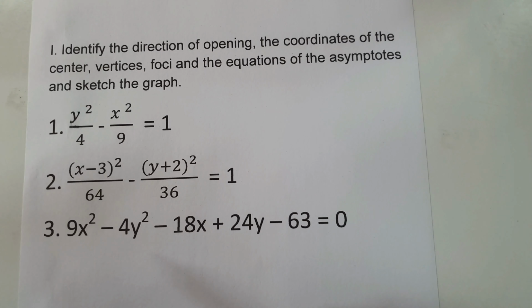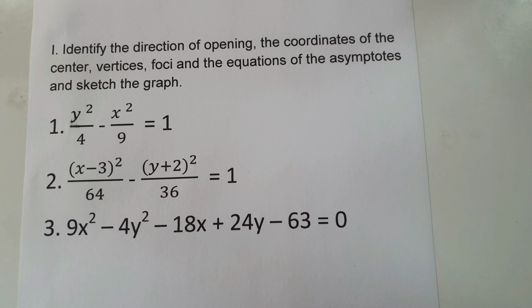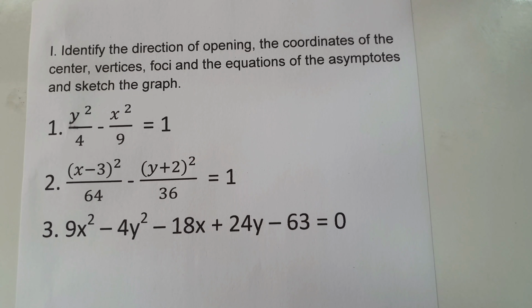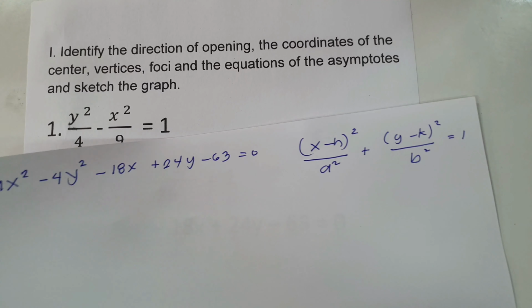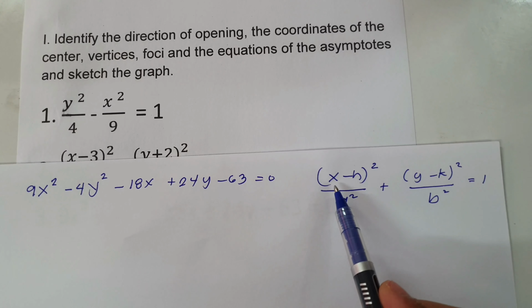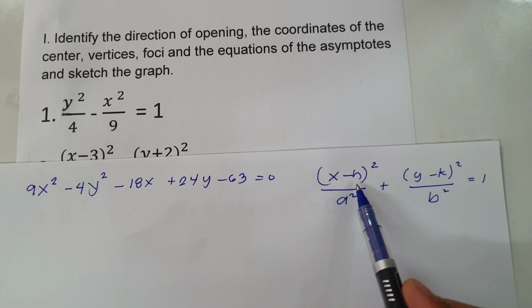In order for us to find the coordinates of the center, we are going to write the equation in standard form, x minus h squared all over a squared minus y minus k squared all over b squared equals 1.